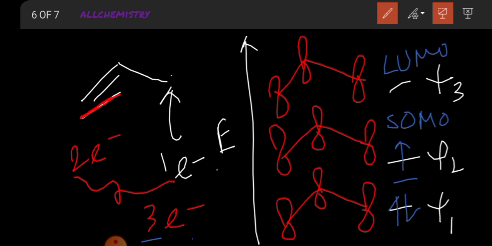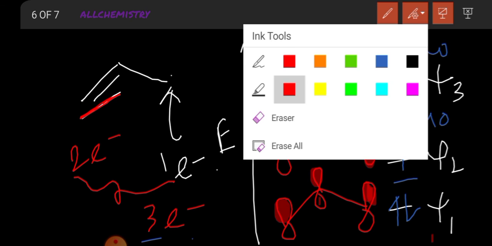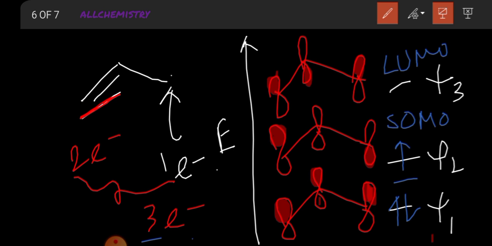So for the first one there is no node, so filling will be on the same side. For the second one there is one node, so different side. For the third there are two nodes, like that. Look at the nodes: 0 node, 1 node, 2 nodes. Okay, so this is it.